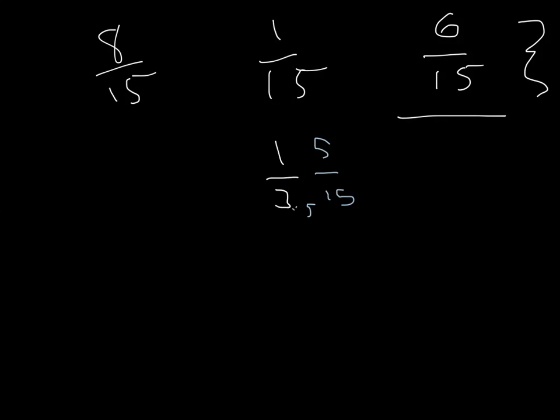Now I have 1 over 15 here, and 5 over 15 here. How many over 15 do I have so far? 6. 1 and 5 is 6. How many more do I need? I need 9. Does that make sense?